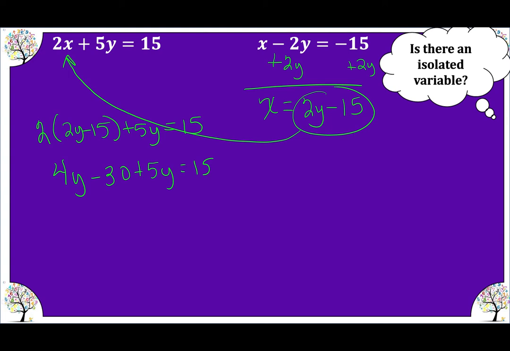So when we combine 4y and 5y, we get 9y minus 30 equals 15. We're going to add 30 to both sides. We're going to divide by 9. And our y coordinate is 5.